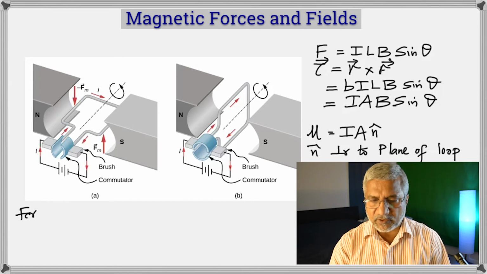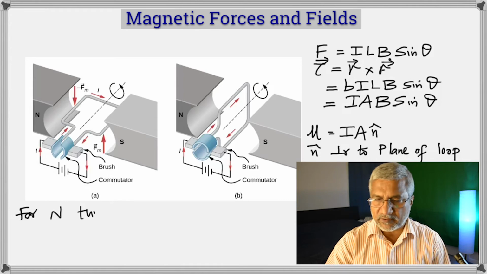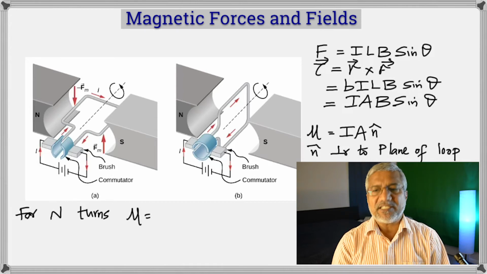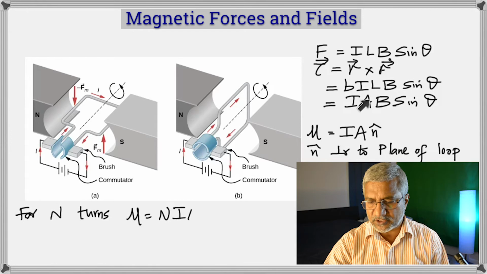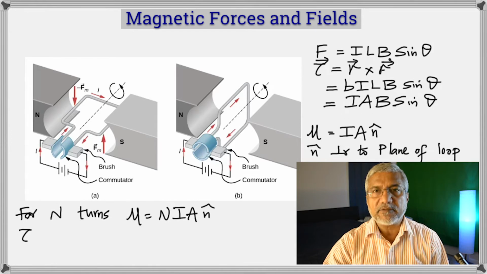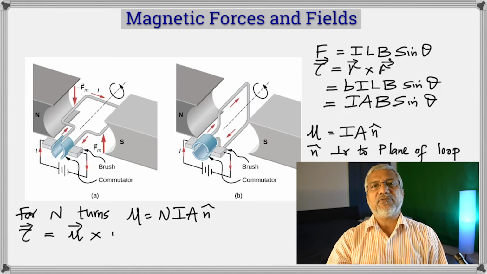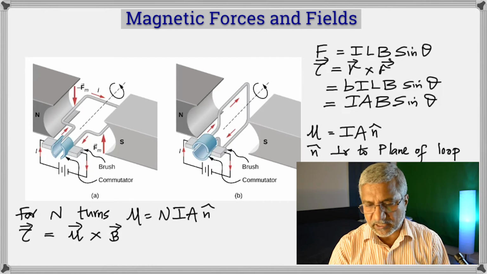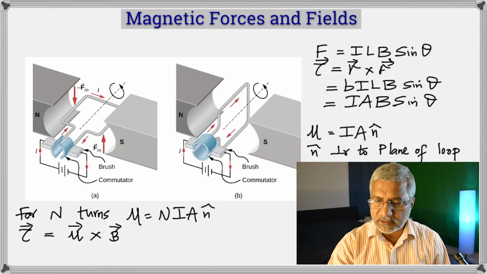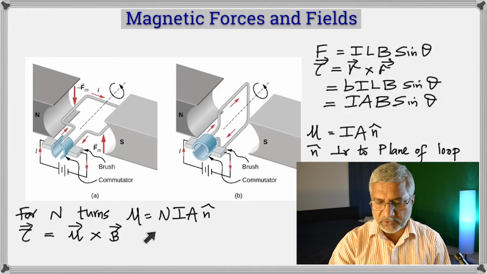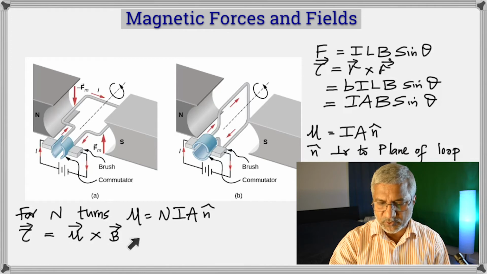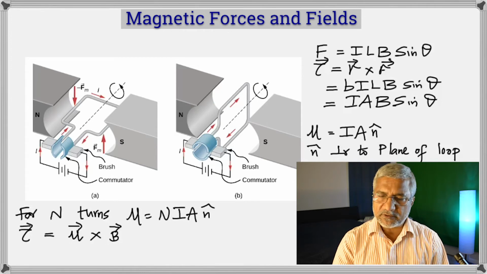And then we can rewrite this for N turns. If there are N turns, you just multiply this with capital N, because this is in the case of a single loop, isn't it? So if there are N turns, multiplied with N, and then mu would be redefined as NIA n, and so torque would then become mu cross B. See how that worked out?